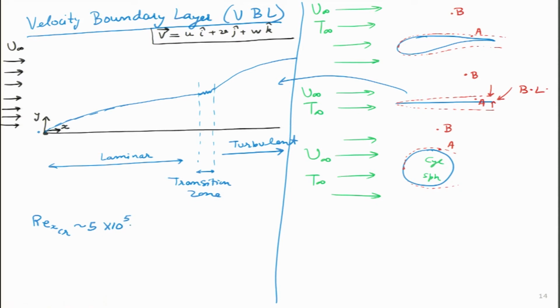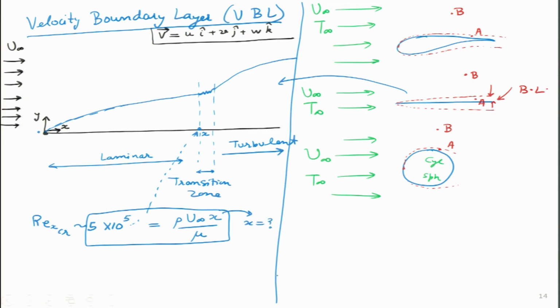So, this value is actually taking place over here. At this point if my value of length is x, then I can immediately write that rho u infinity x by mu must have this particular value. So, if rho, u and mu are known, then I can calculate the value of x. This I can figure out. This is something that we will do in just a little while.